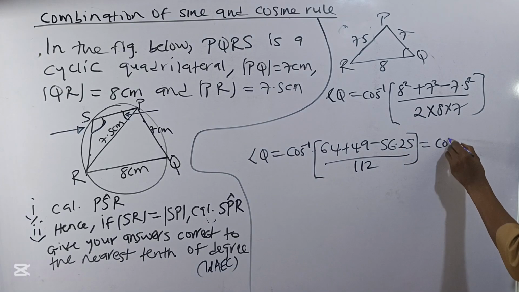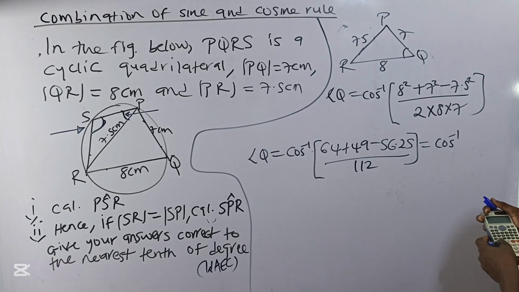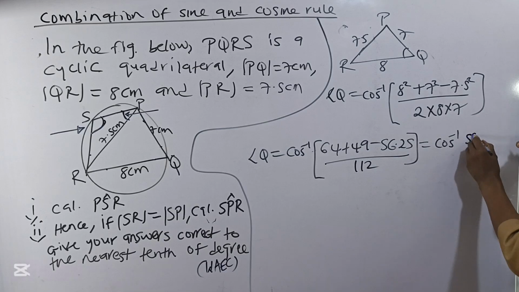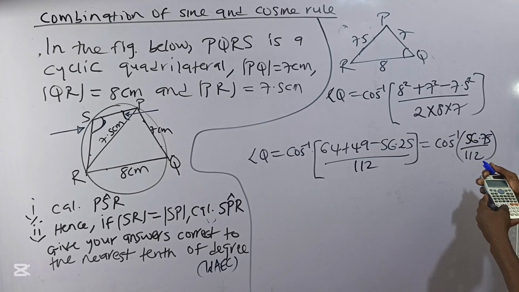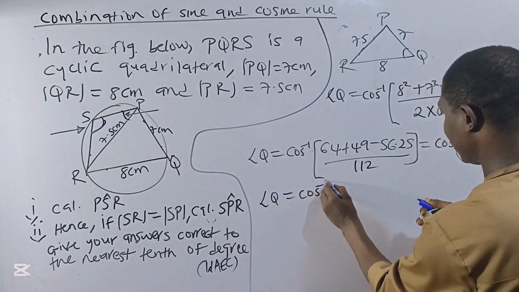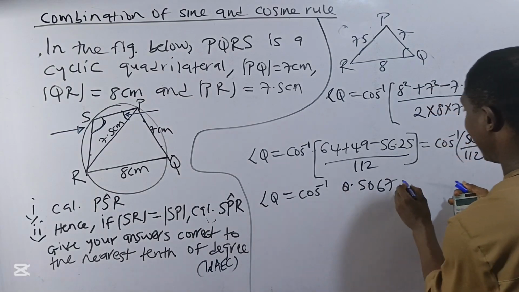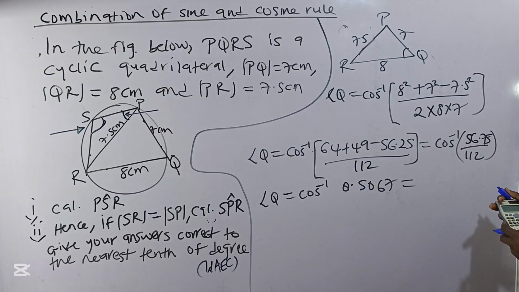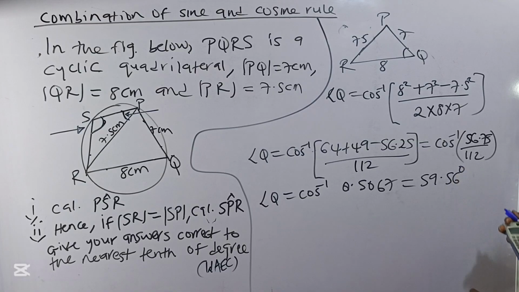And I'll have cos inverse again of 64 plus 49 minus 56.25, which will give me 56.75 all over 112. So I'll divide it by 112. And I'll have my angle Q equal to cos inverse of 0.5067. So my angle Q will therefore give me 59.56 degrees to 2 decimal places.